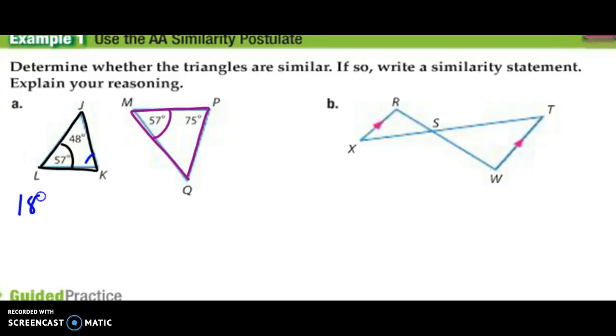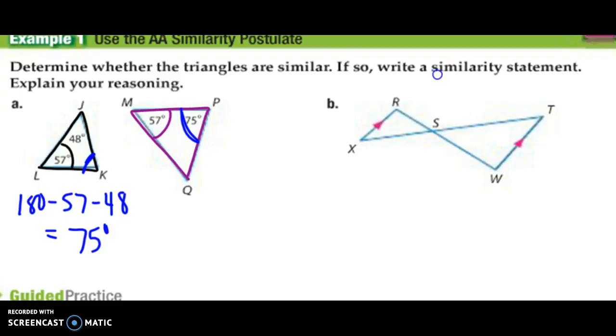So I do 180 minus 57 minus 48, and that equals 75 degrees. Okay? So if angle K is 75, angle P is also 75. So that means that our triangles have two congruent angles, which means they're going to be similar.